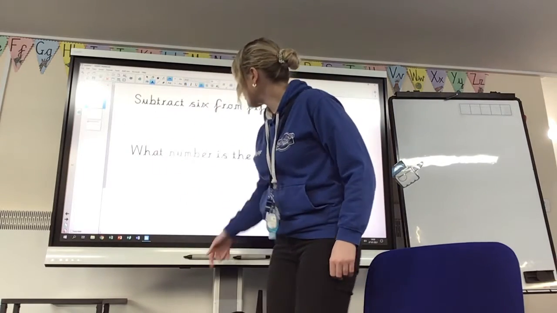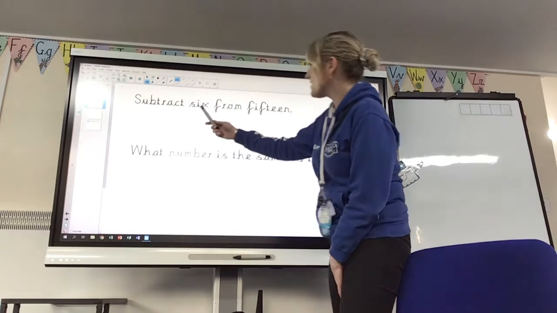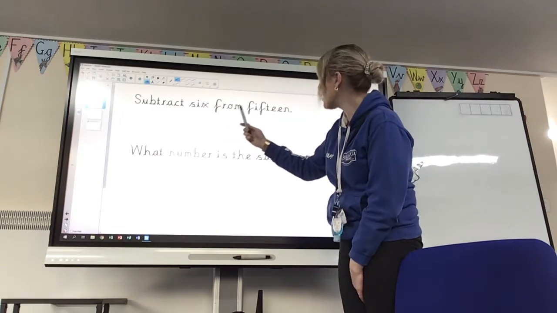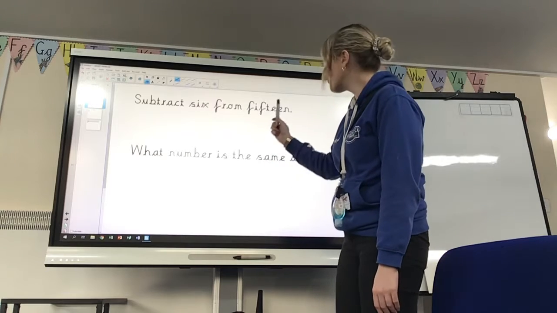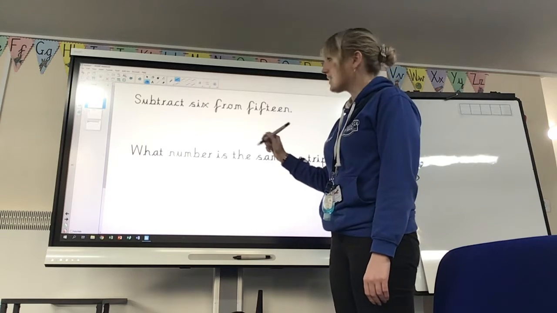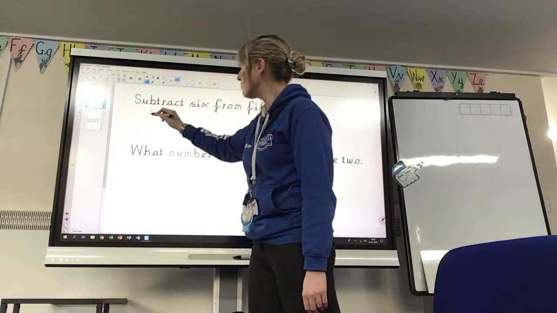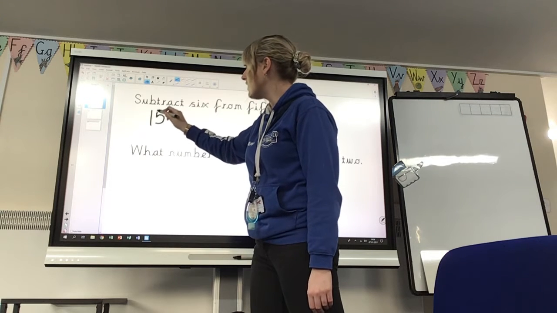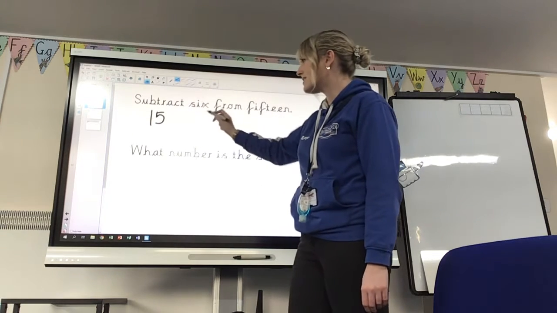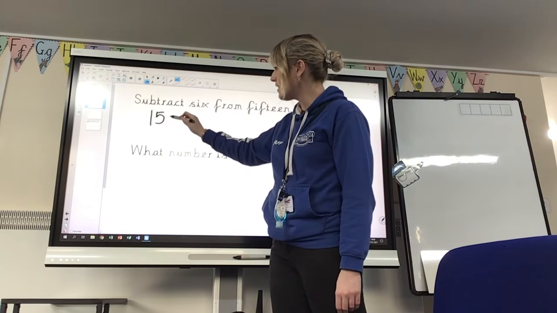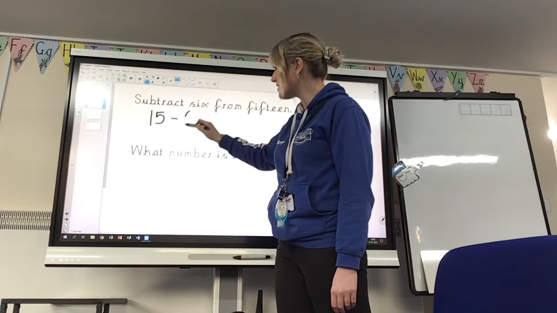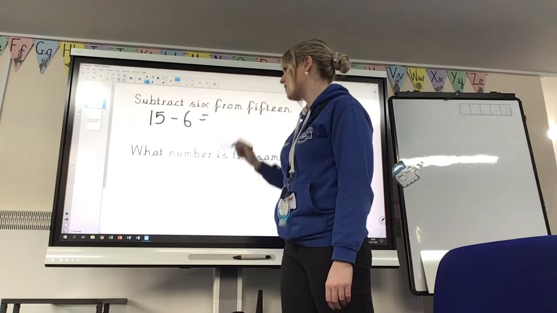The first one says subtract 6 from 15. Now I'm subtracting from 15, so that's my starting number, and I've got to subtract 6. So my number sentence is going to be 15 subtract 6 equals.